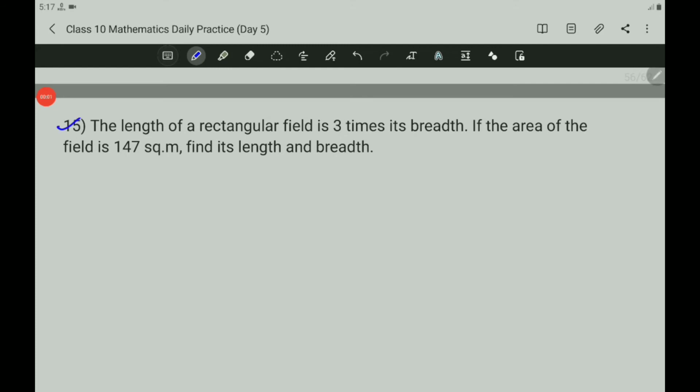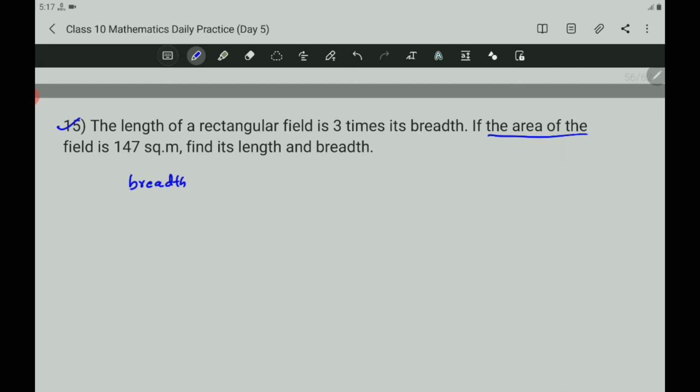Now you come to the 15th question. The length of a rectangular field is 3 times its breadth. If the area of the field is 147 square meter, find its length and breadth. So you write that here the length is 3 times its breadth. So let us take, let here breadth equals x.